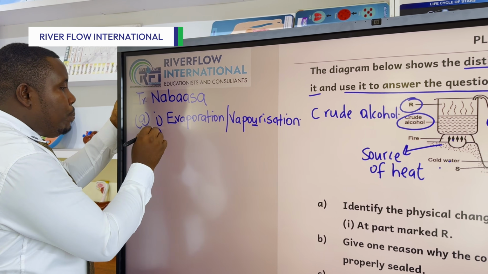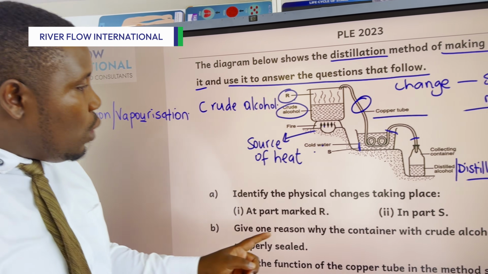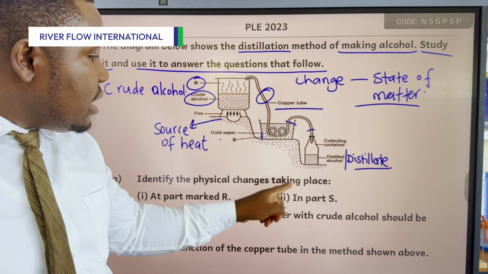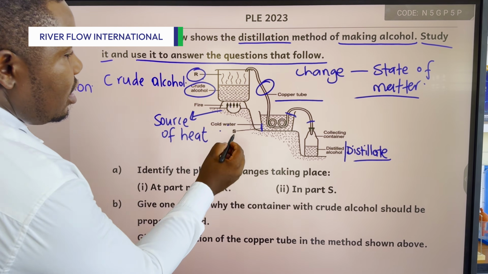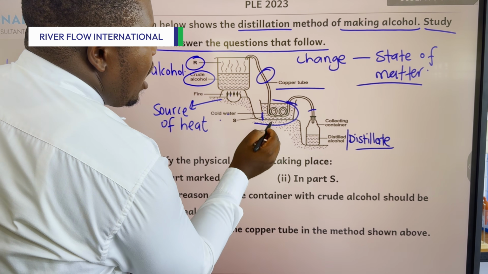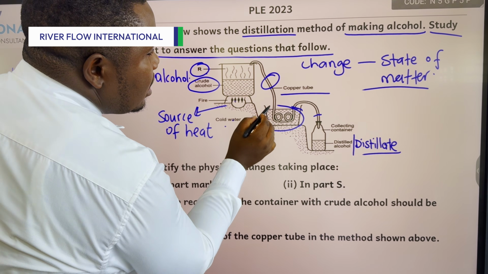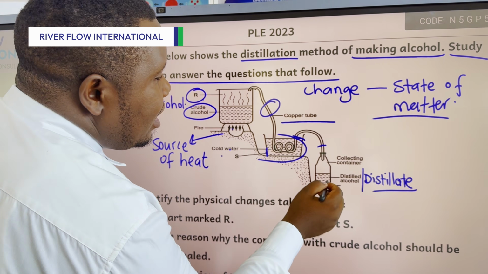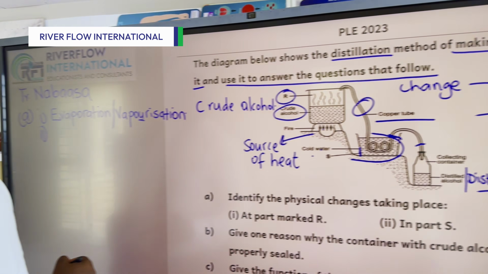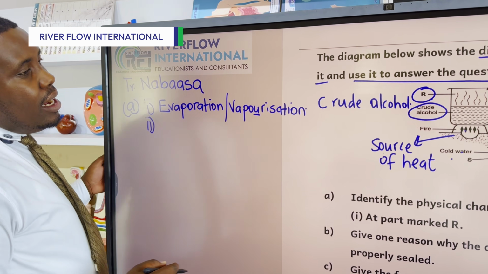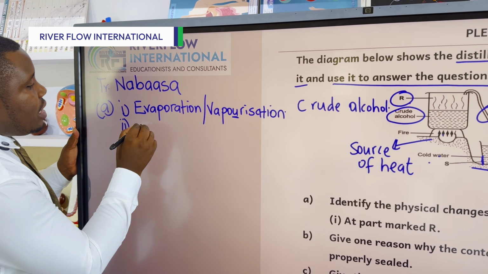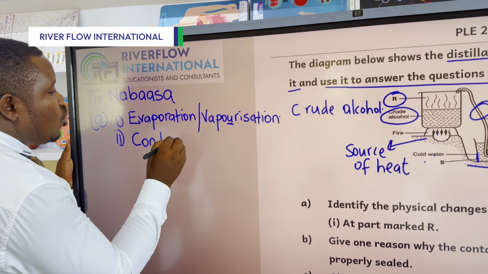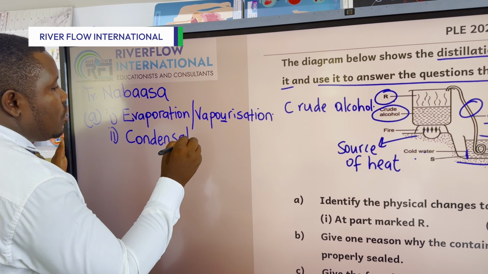Now, part A, Roman numeral 2, they want the physical change that is taking place in part S. Now, part S is here, where we have cold water, then we have this steel tube coiled many times, and then it leads to the collecting container. One of the changes happening there is condensation.